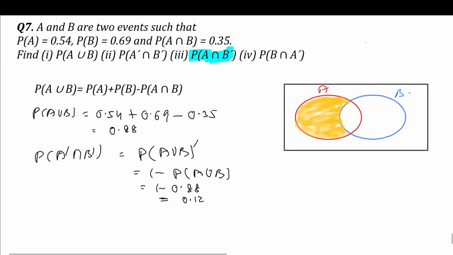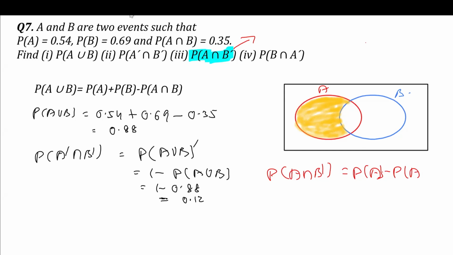So that way, the required probability for this part will be P(A intersection B naught), which means from P(A) we are going to remove their intersection. Well, everybody knows, I suppose, this is A intersection B. So this way we'll get: how much is P(A)?